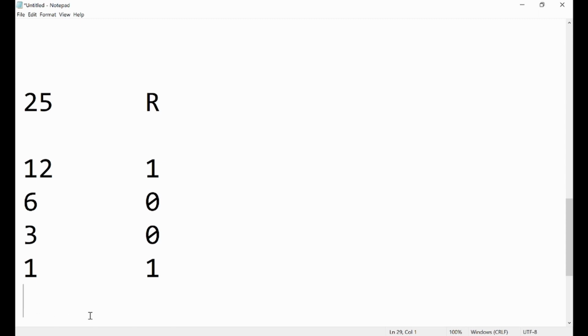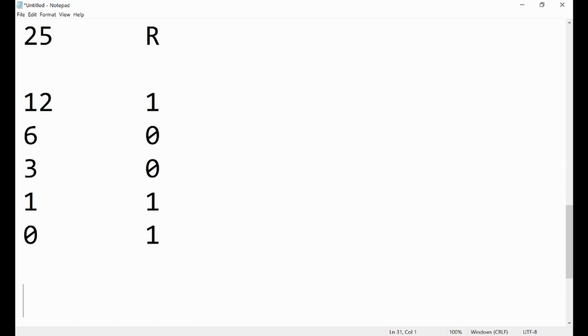You can just bring the 1 down here or continue the calculation. How many times would 2 go into 1? It goes 0 times, remainder 1. You can do that, or you can end here and count from here.